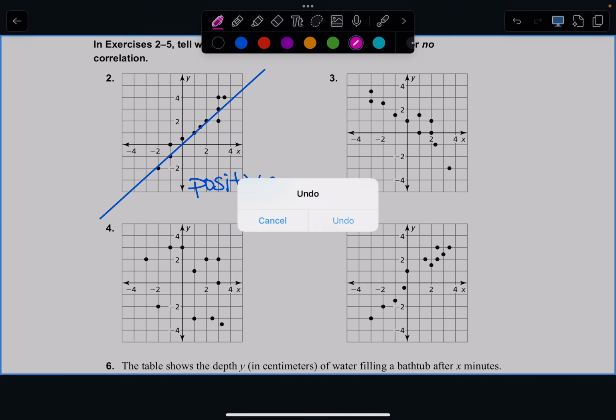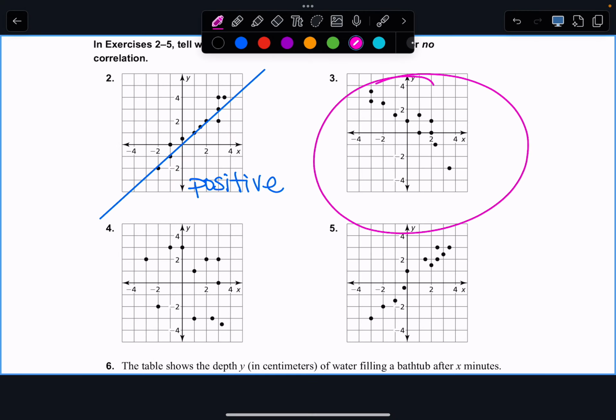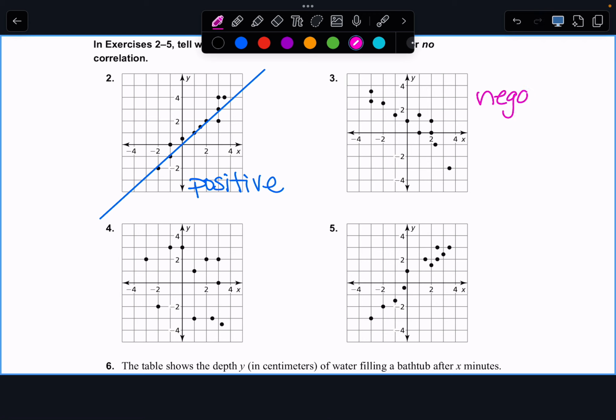Connor, what do you think's happening with number 3? All right. We have negative correlation because we can estimate our data with a line that has negative slope. Okay? We are not connecting the dots.